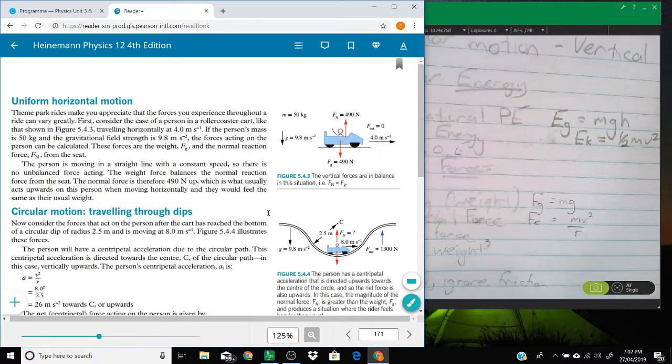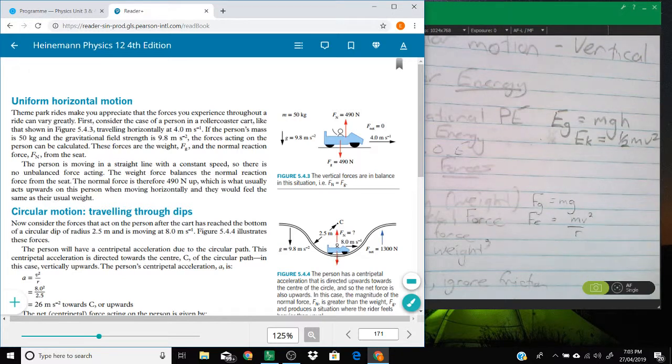Now, when you're moving through a curved section like this, a vertical dip, consider the forces that are in play here. Again, you've still got the weight force acting down. So imagine you're at the bottom, and the normal force, what's that going to be?